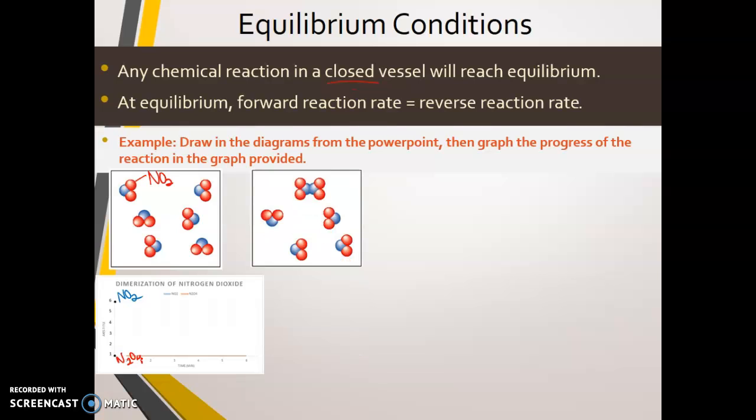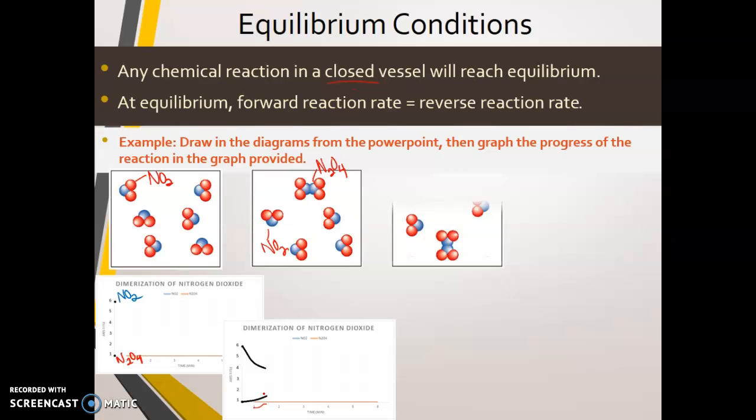In this second diagram, you can see that we have one N2O4 molecule, and all the rest of these are still NO2. So in the second graph, you see a decrease from 6 to 4. I would say this would be at time 1. These numbers should be shifted over. And then for your N2O4, it is increasing by 1.